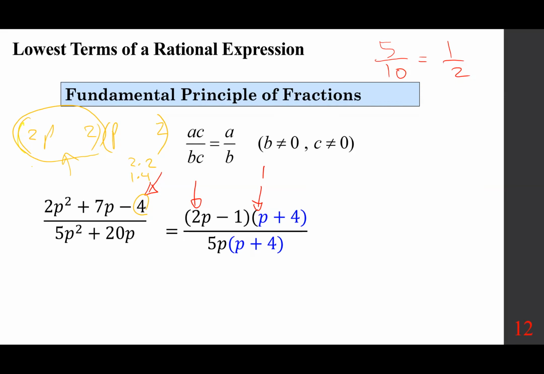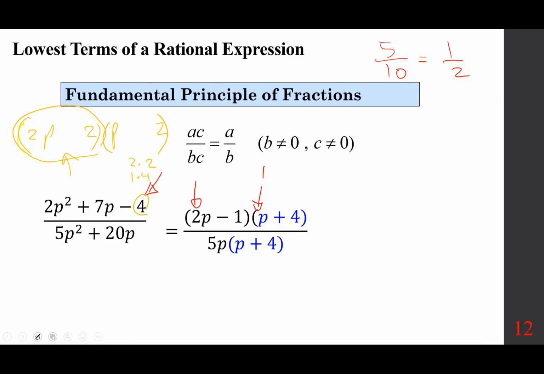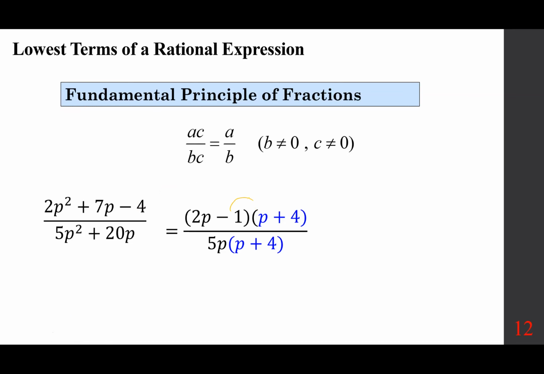All you have to do is look at the middle term. What is this? Minus p. What is this? 8p. They add up to positive 7p. And the bottom is 5p times p plus 4.